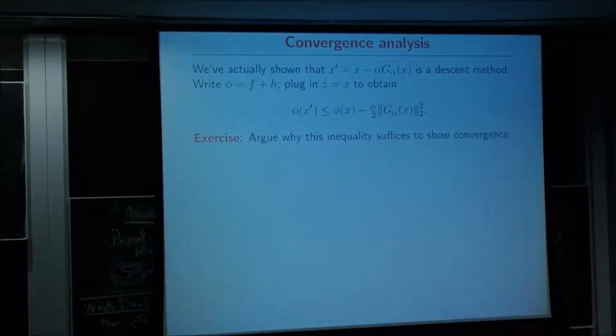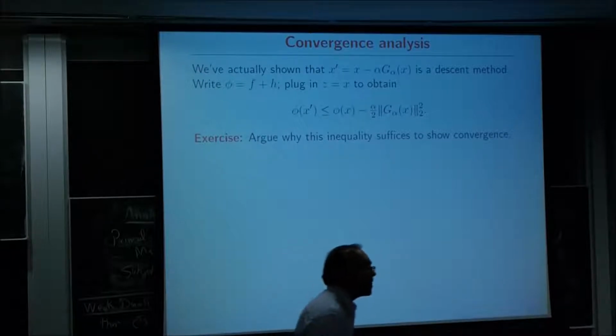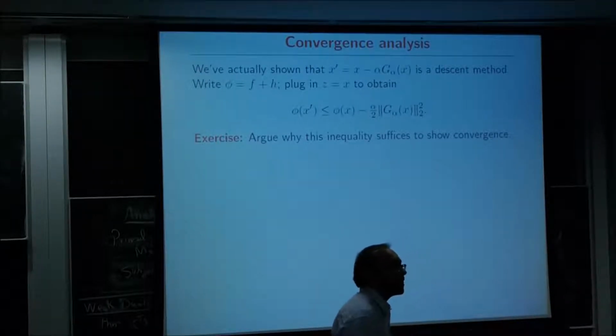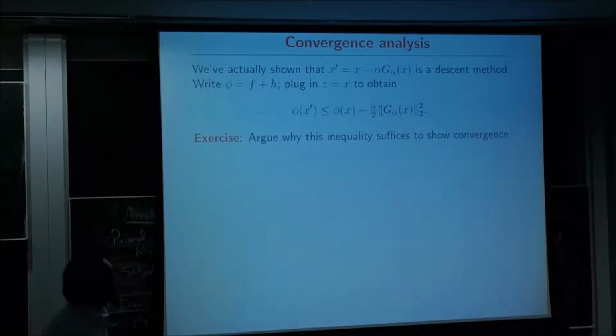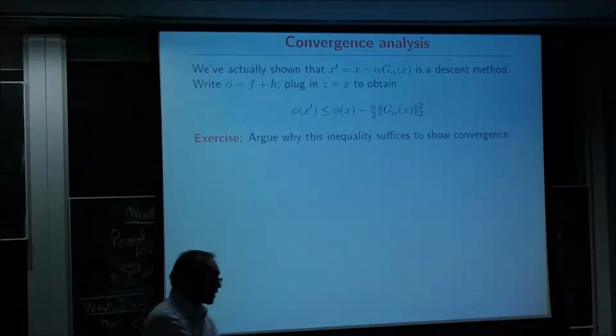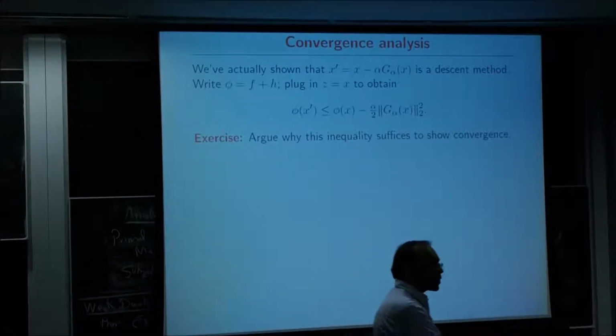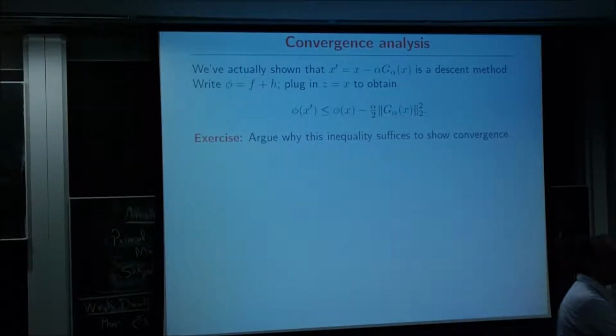Slightly harder is characterizing how fast you converge. But what can we say about the norm of g alpha of x? That's a very good question. We know that, suppose everything is convex, g of x has to disappear at an optimum, right? So it should shrink. How fast it shrinks is not so easy to say.